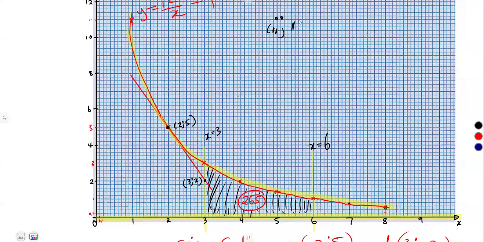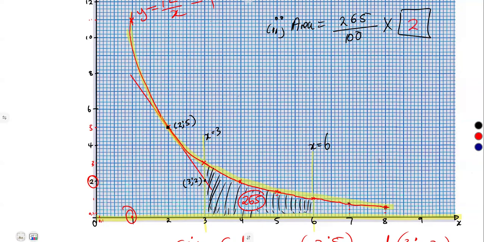So the area is going to be given as the number of boxes, 265 boxes over 100 times the area of the unit square. Our unit square, this is 1 and this is 2, according to 2 centimeters representing this on the x and on the y. So 1 times 2 is 2.